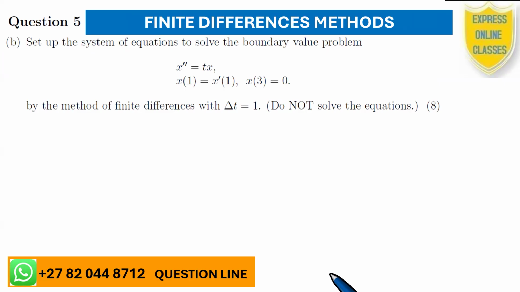Right, so obviously as we look at this particular problem, the finite differences methods are methods that are of great interest to us. And now let us look at this particular problem here. This one is one of the exam questions that appeared in October, November.